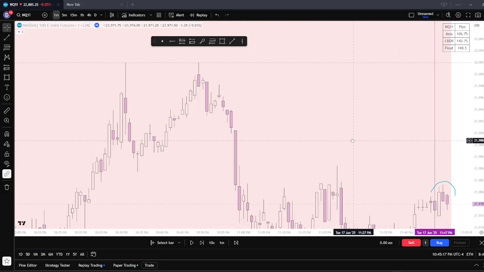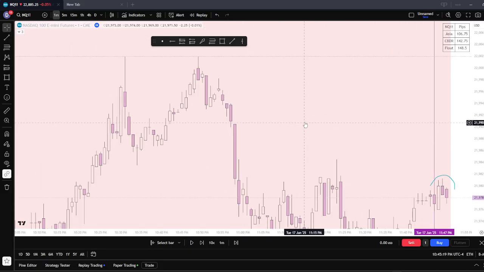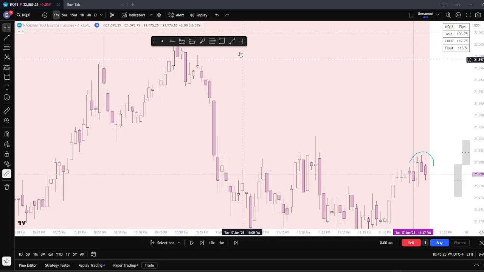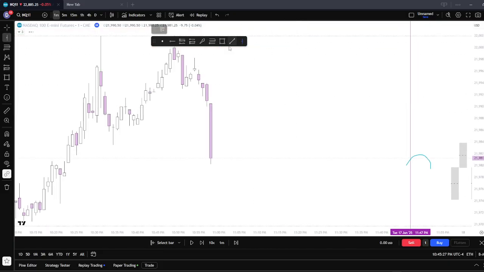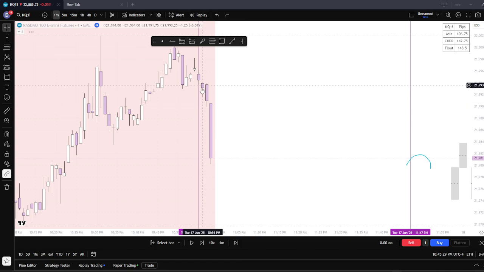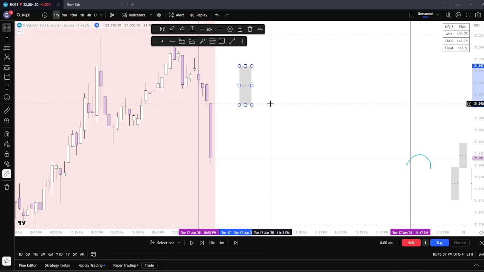Now, let me show you an invalid example of a swing high. Okay. Don't look at any of the candles past these three. Why would this not be a swing high? Because, first of all, the first candle is not bullish.